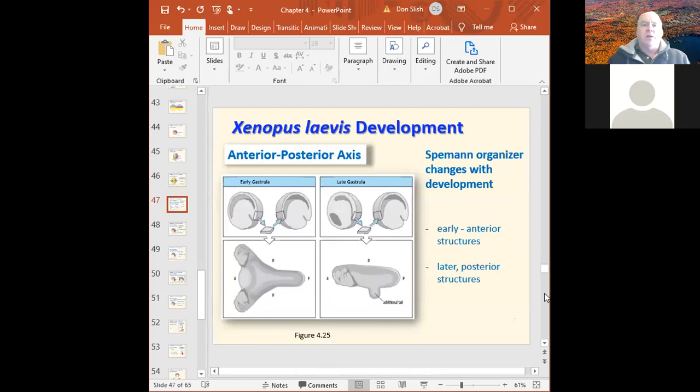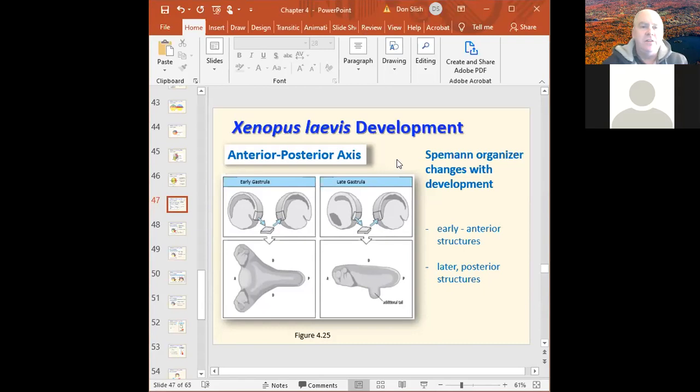So today we're going to start talking about the anterior posterior axis and how this gets set up. This is also being set up by the Spemann organizer, and that's because of mainly effects on BMP, but also effects on Wnt. So here are some of those early experiments we talked about.